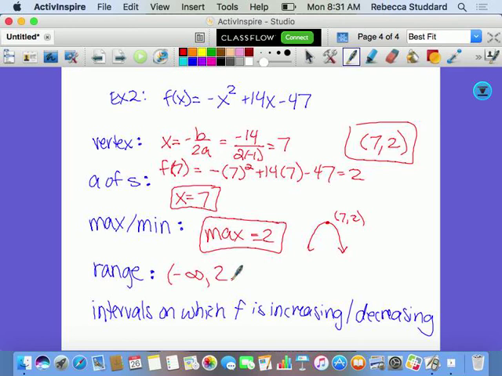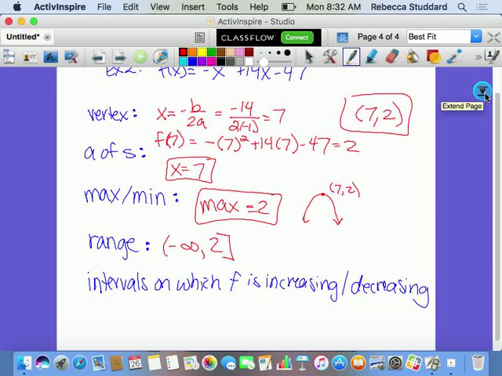Am I going to use a parentheses or a bracket? A bracket because it does actually have the point 7, 2. All right, and then you don't go 2 to infinity. No, we do not go 2 to infinity because the max, that's as high as it can go. That's as high as y can go.